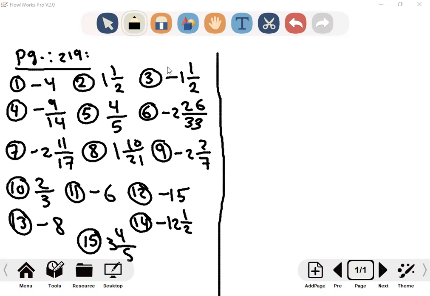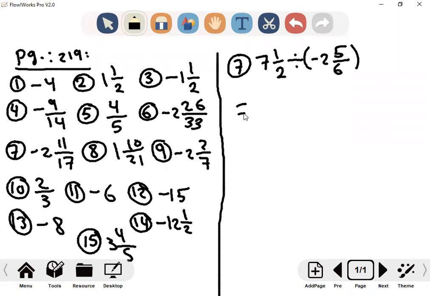Yes, Mister. I have a question in number 7. In question 7, we have 7.5 divided by -2 and 5/6. We turn the mixed numbers to fractions first, right?